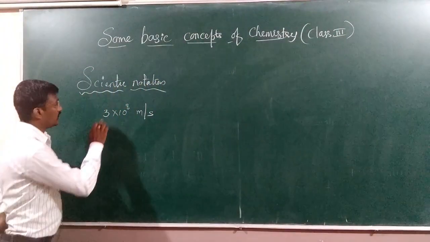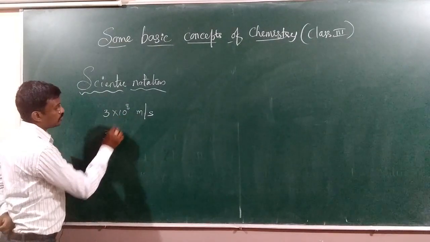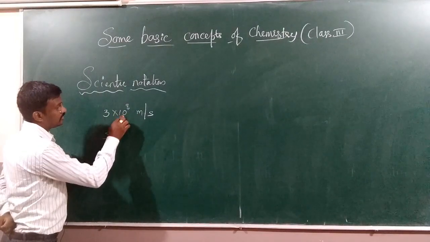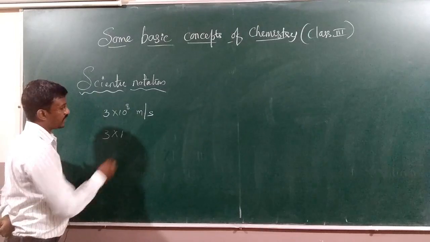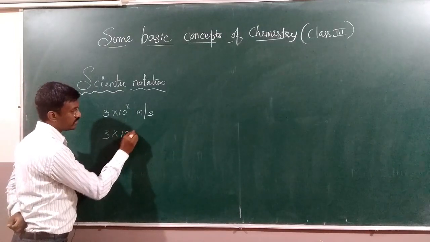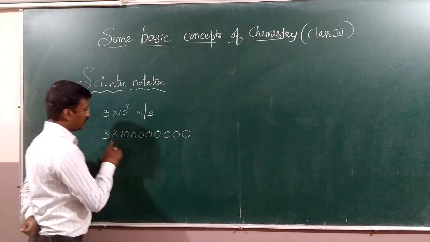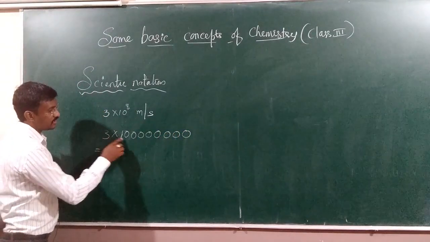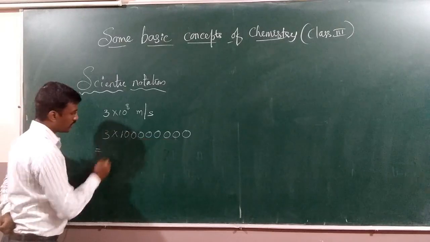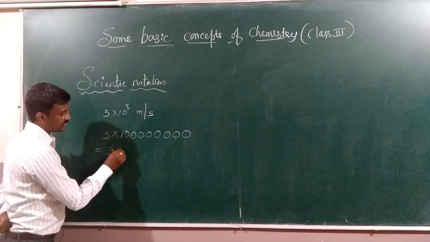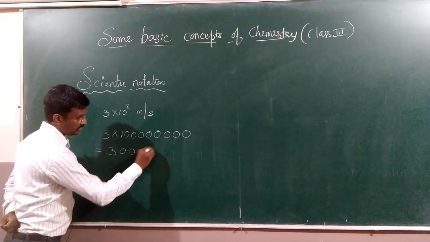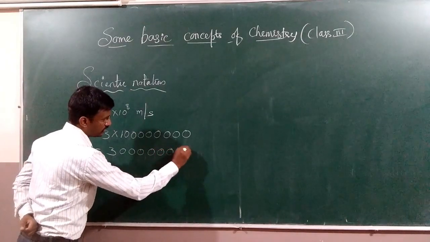It means we write 1 followed by 8 zeros, since 10 has the power 8: 1, 2, 3, 4, 5, 6, 7, 8. When you multiply 3 by this number, you get 3 and the remaining zeros as they are.